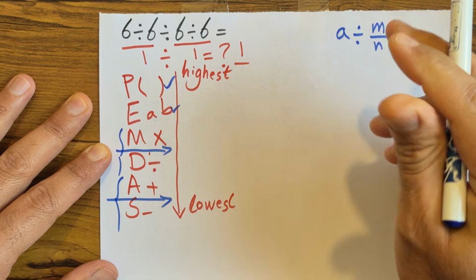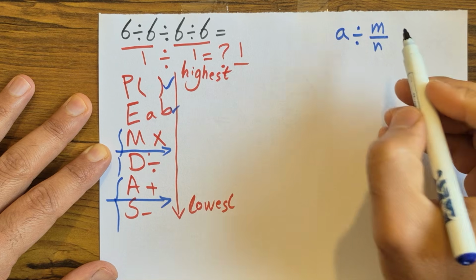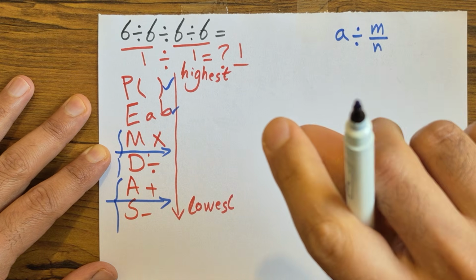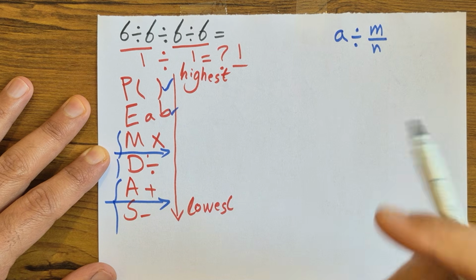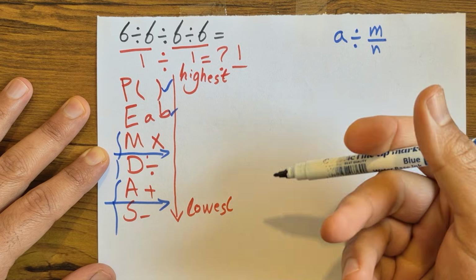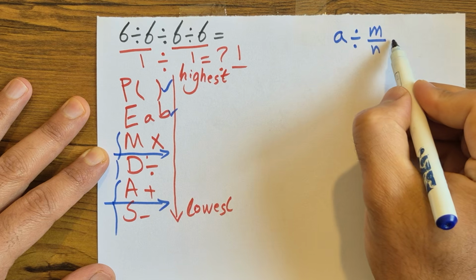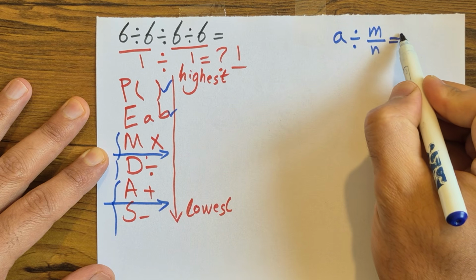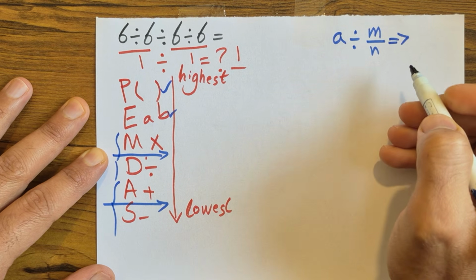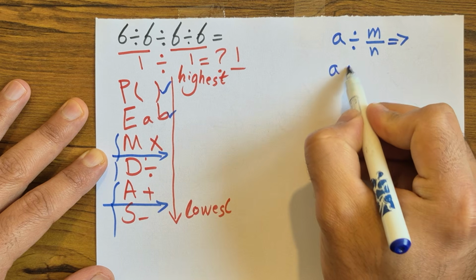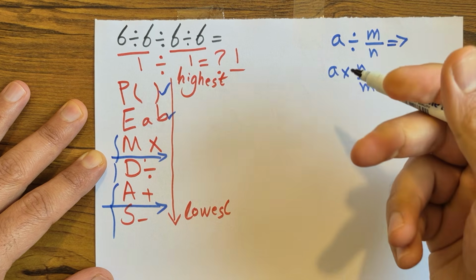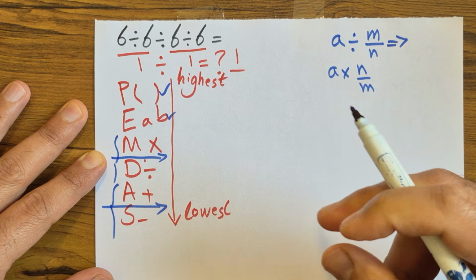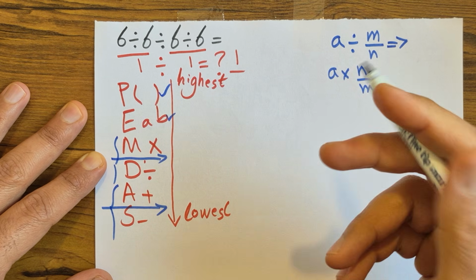You can easily turn this division into multiplication if you swap the upper part and the lower part of the fraction, in other words, the numerator and the denominator. So A divided by m over n is the same thing as A multiplied by n over m. So n over m is the reciprocal of this fraction.